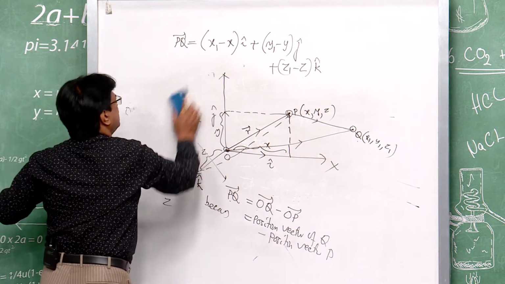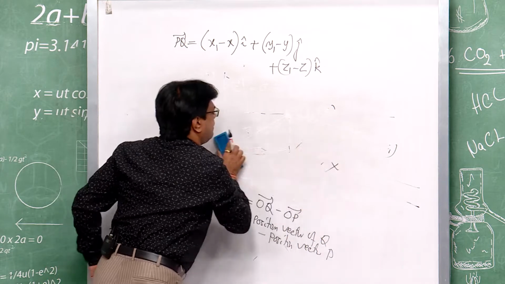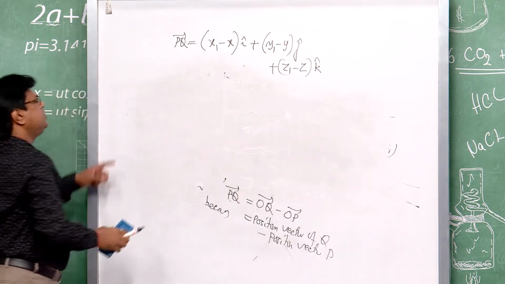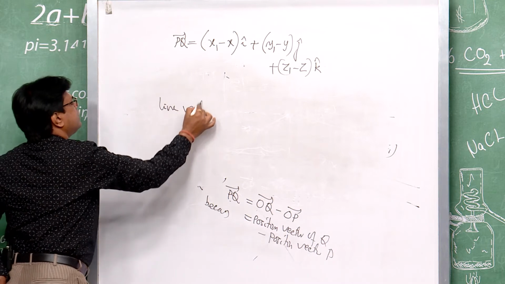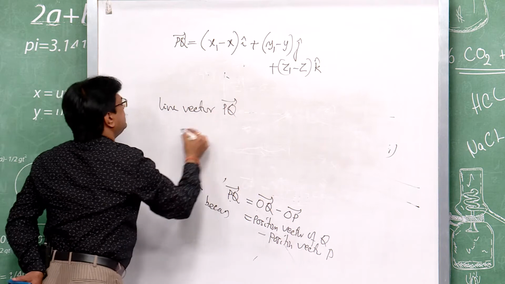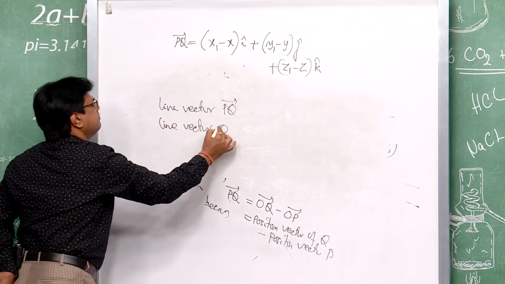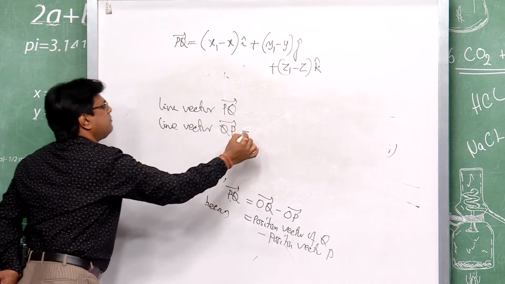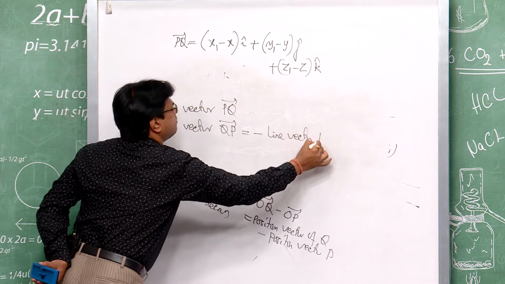So, this is your PQ line. So, easily we can find the vector PQ, or this is your line vector PQ. And suppose we write the line vector QP, this becomes minus of line vector PQ.